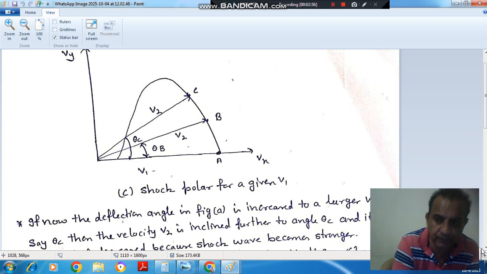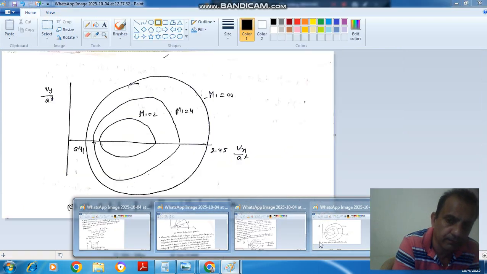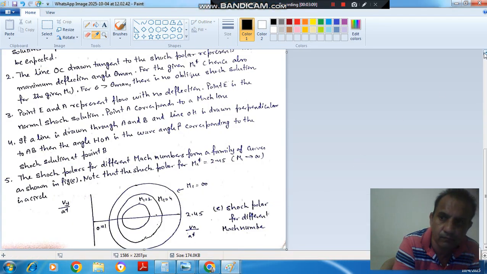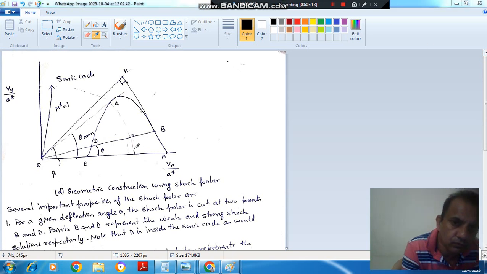So by this way we can non-dimensionalize the things. Okay. So this is the graph. So here we have divided Vx by A star and Vy also by A star.